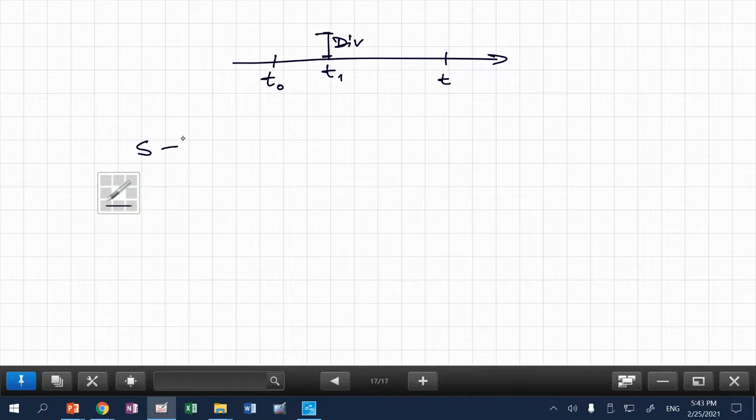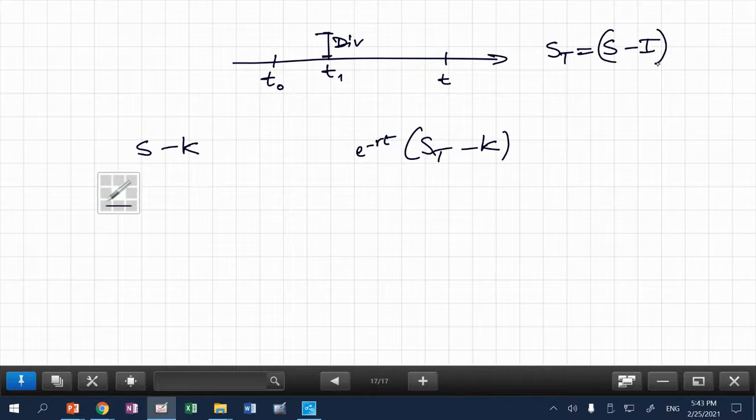You have to compare S minus K on one hand, and on the other hand, e to the minus RT of ST minus K. But if there are dividends, ST is equal to S minus the present value of the dividend times e to the RT, okay?